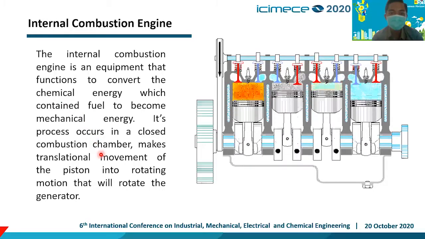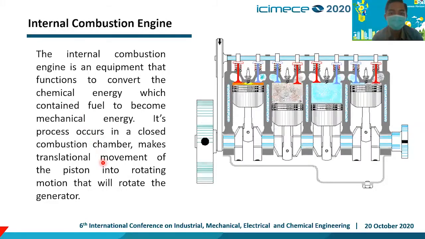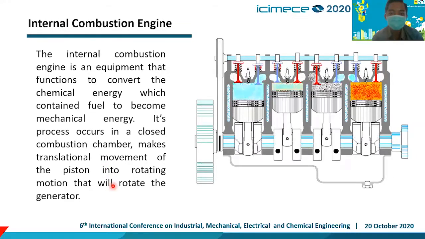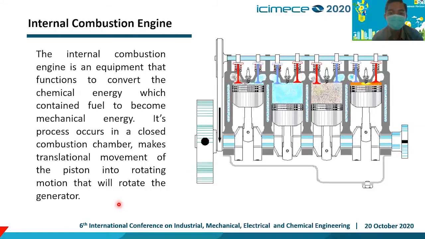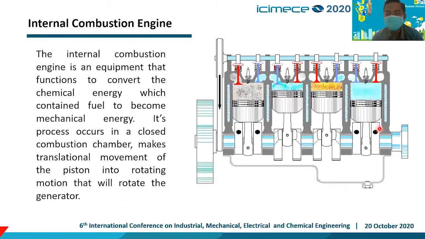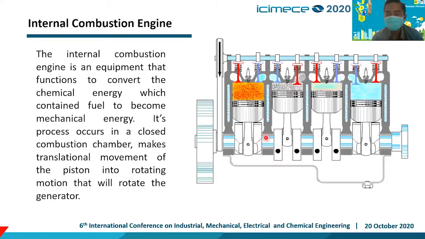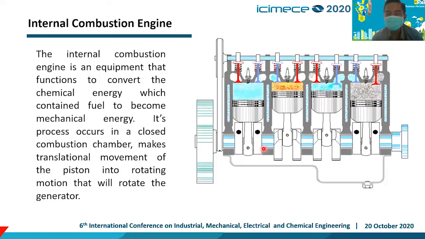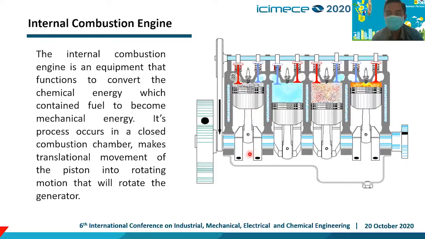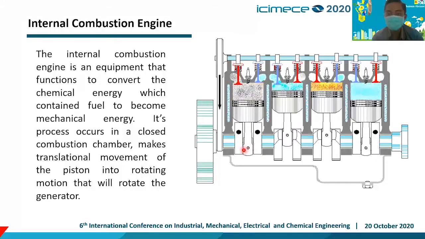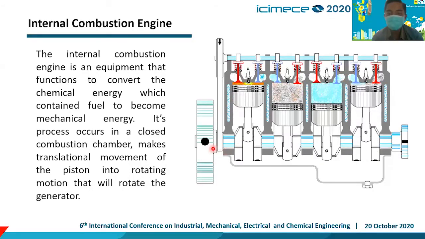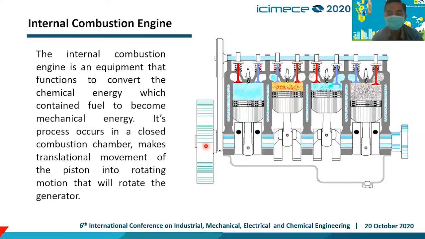Its process occurs in a closed combustion chamber, making the translational movement of the piston into rotating motion that will rotate the generator. As we can see in the image beside, this is the generator, this is the crankshaft, and this is the combustion chamber that makes translational movement to the crankshaft to rotate the generator.